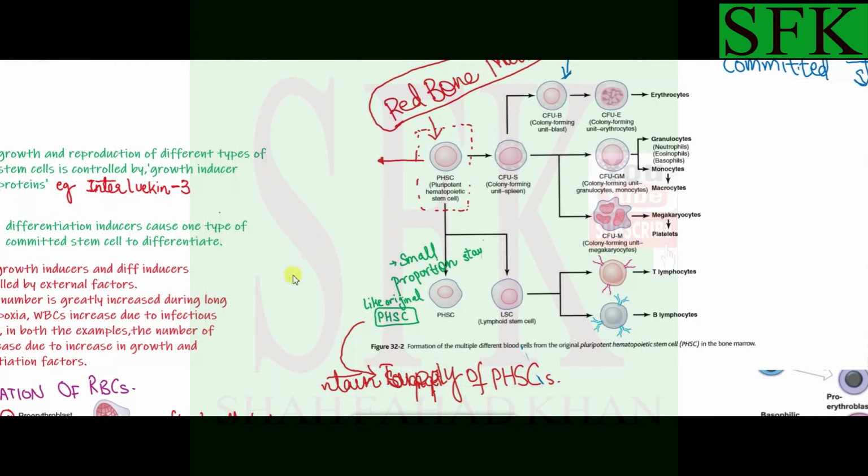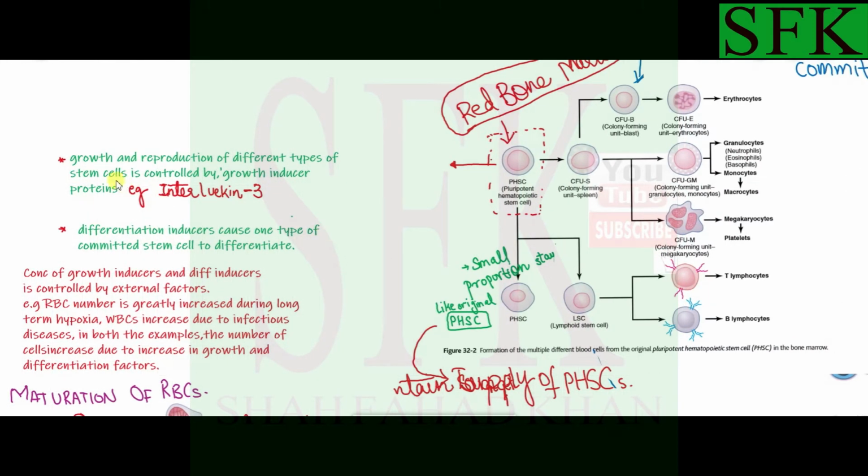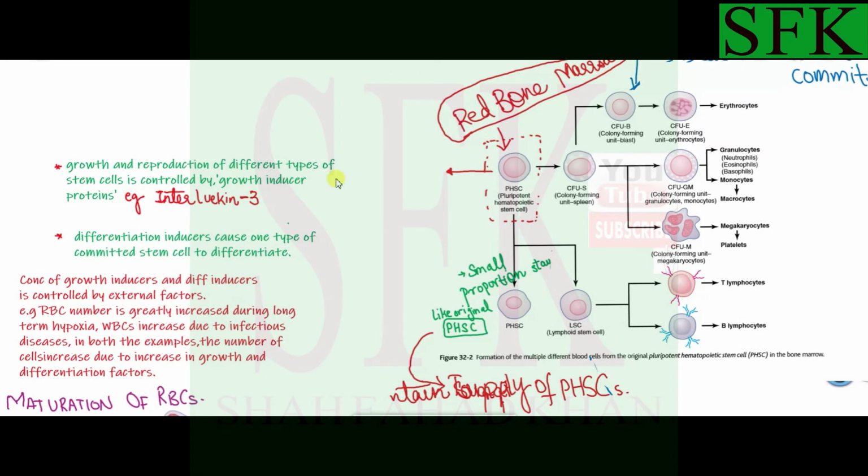Now some important information over here. The growth and reproduction of different types of stem cells is controlled by growth inducer proteins. Almost all the different types of stem cells, their growth and reproduction is controlled by growth inducer proteins, not differentiation. Guys, this is important. It's not differentiation.